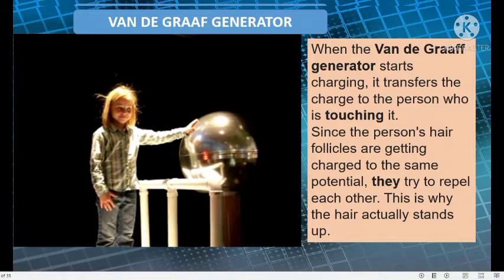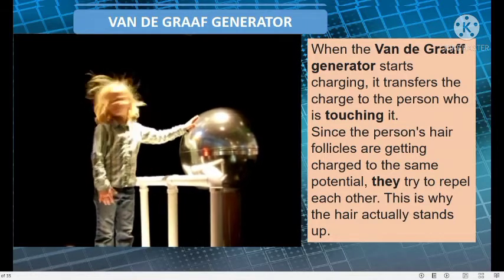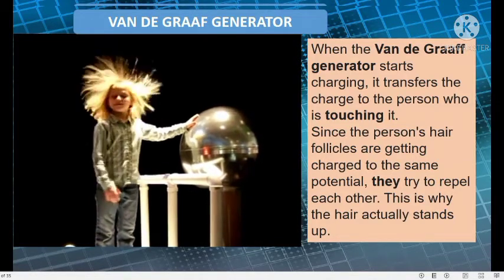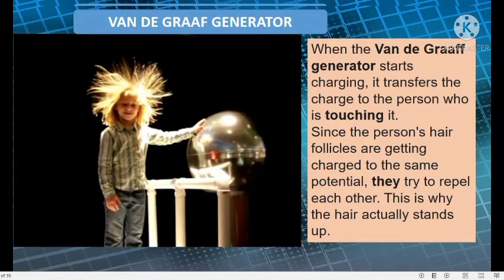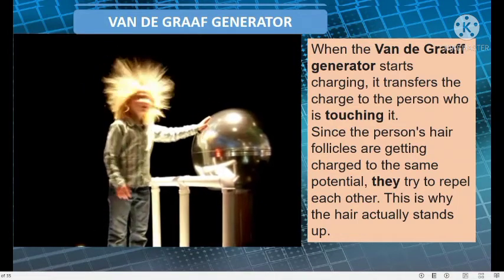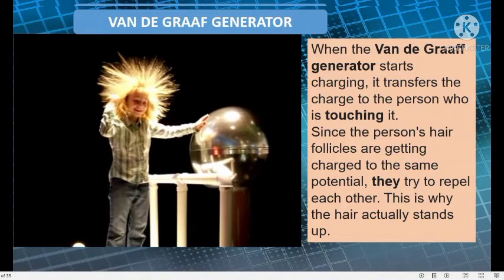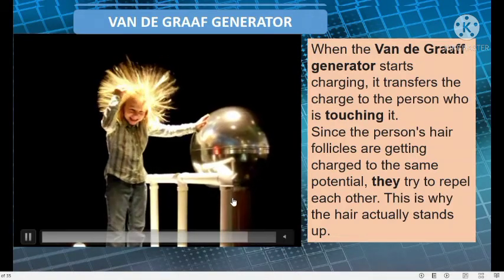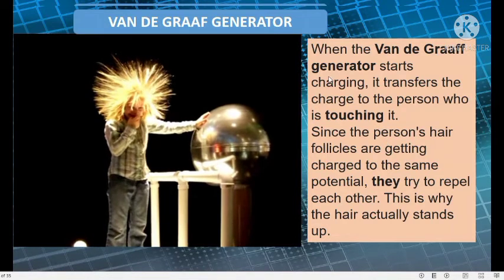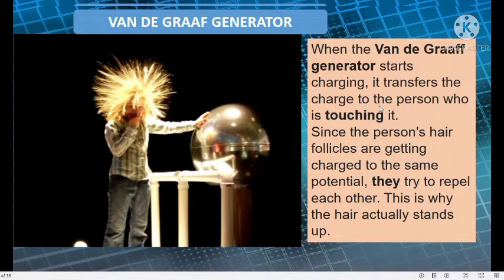As we know, the dome of the Van de Graaff generator accumulates charge. So look at her hair. Her hair stands up, all stands up. So how do we explain this situation? When the Van de Graaff generator starts charging, it transfers charge to the person who is touching it.